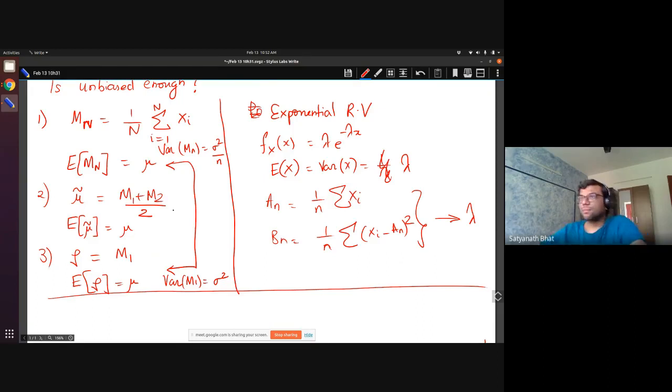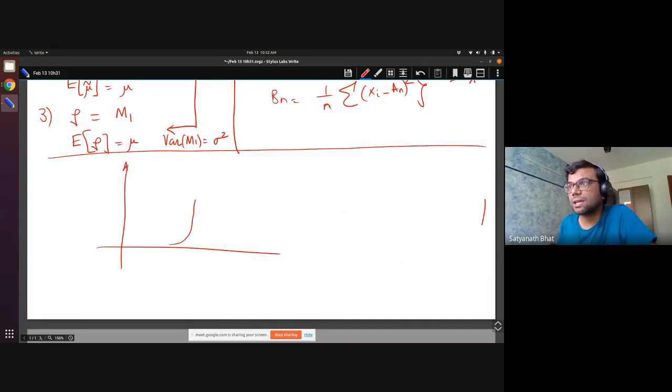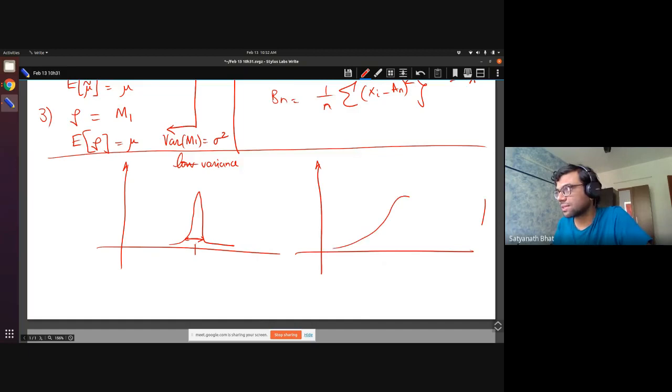Because when you have less variance, your estimator will look something like this. You will say with high probability it is in a smaller interval. This is the low variance case. And a high variance case could look something like this. Both of them are centered at the same unbiased value mu, but when you estimate, you are not going to get mu all the time, right?